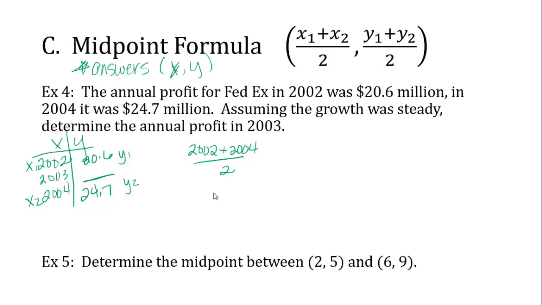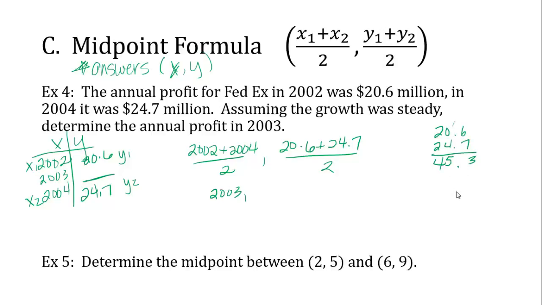We know that that's going to be 2003 because we know that's the midpoint. Then I take 20.6 plus 24.7, and then I have to divide by 2. Order of operations says you have to add first. Don't forget your order of operations.